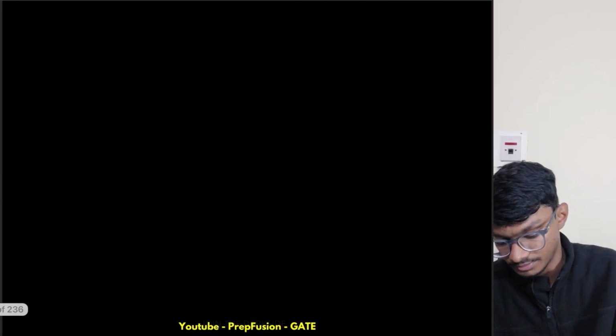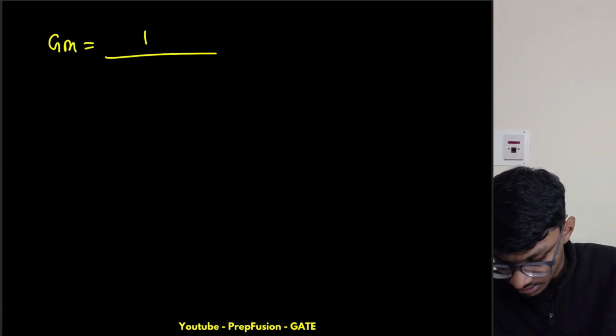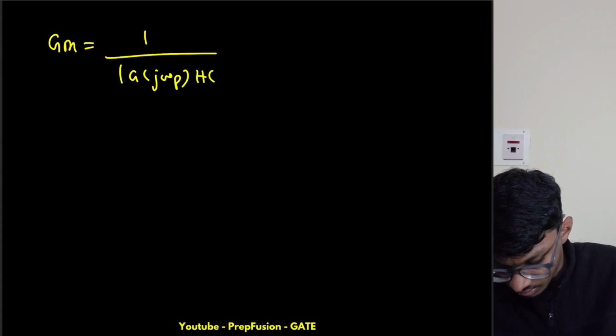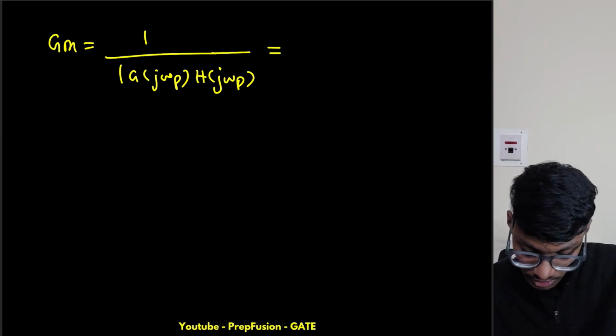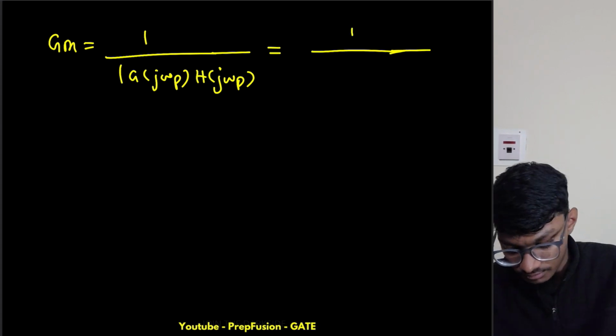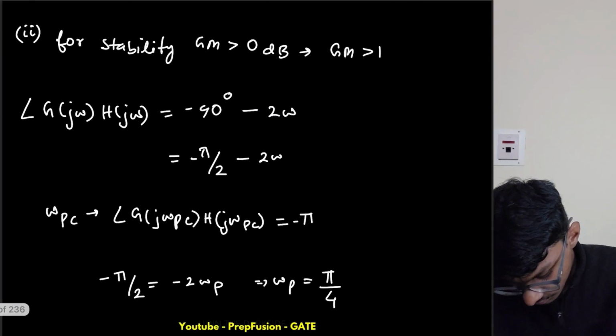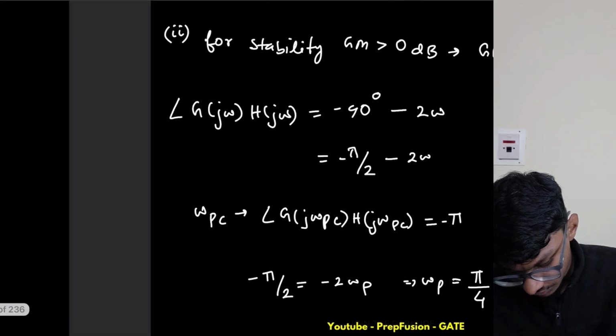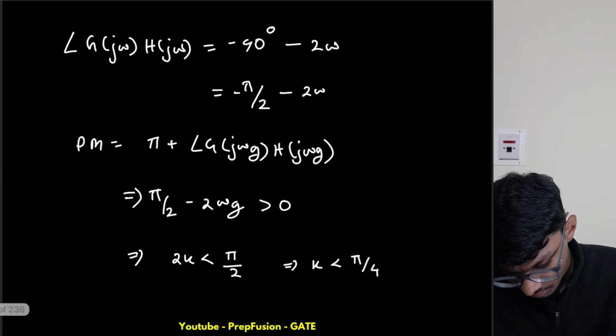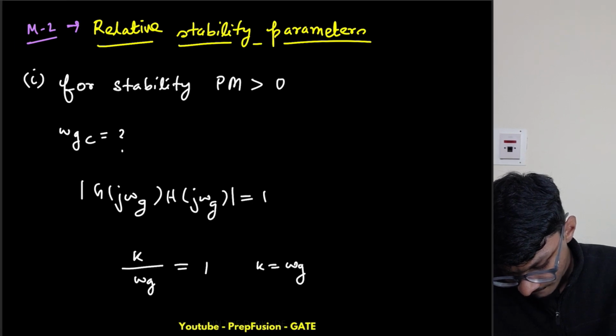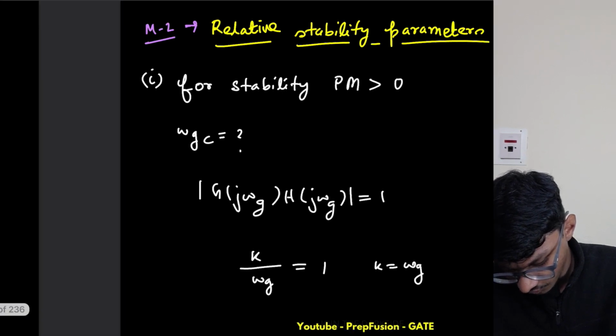Now let's find the gain margin from this one. What is the gain margin? Gain margin is basically the reciprocal of G of j omega p into H of j omega p. So what is my gain formula?